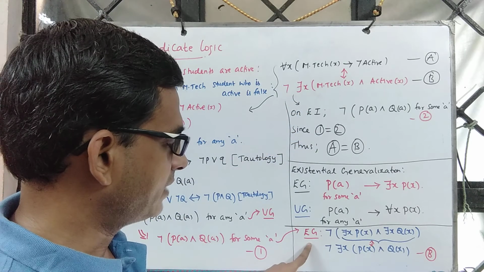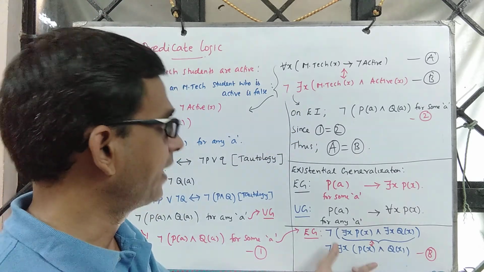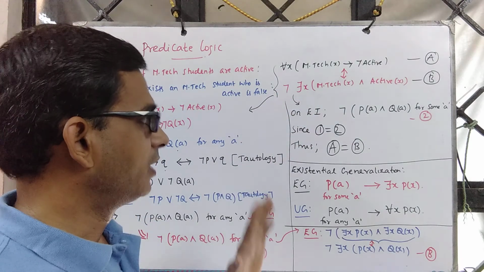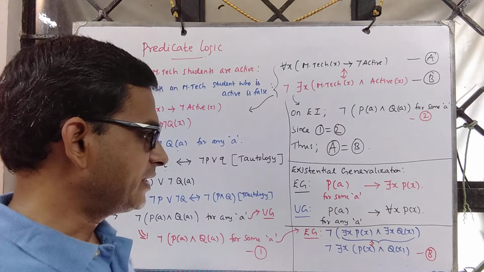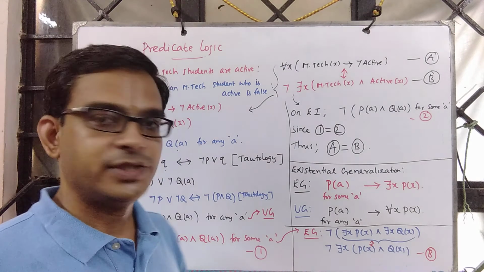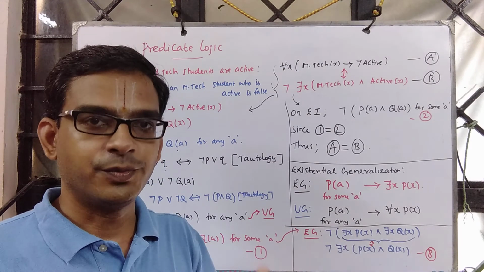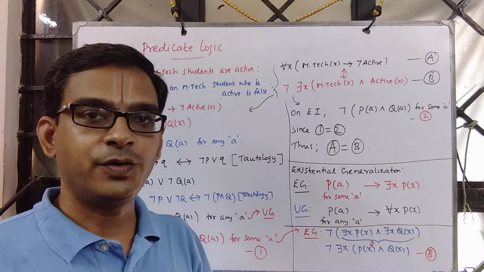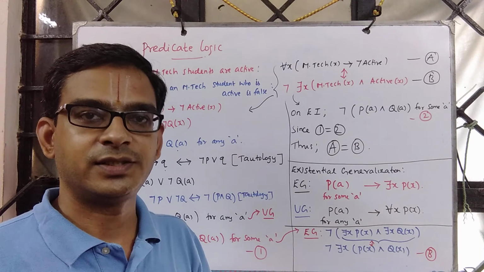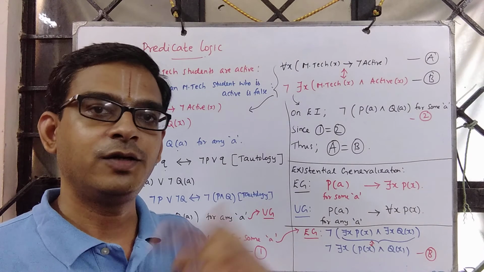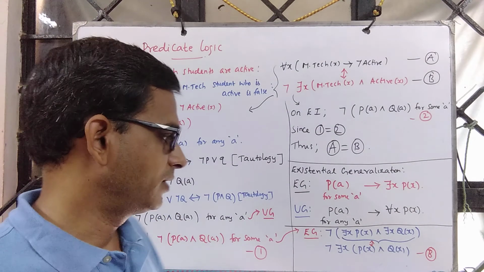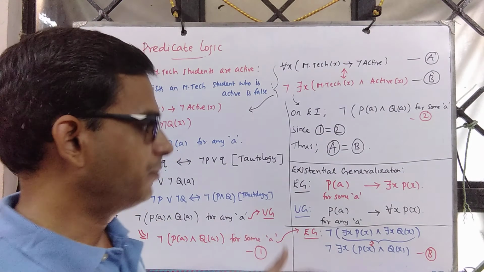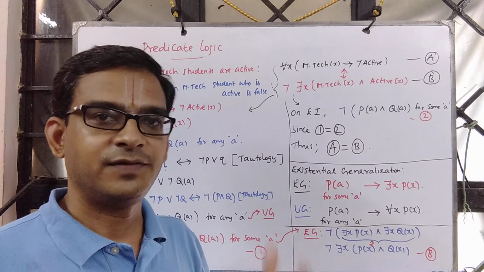Then on performing existential generalization, we get the expression in B, which means these two are equivalent. So for questions like this, the approach is this: convert predicate to proposition, use well-known implications and equivalences, simplify, and then go back to the predicate world by employing generalization. And a couple more case studies we shall explore now.